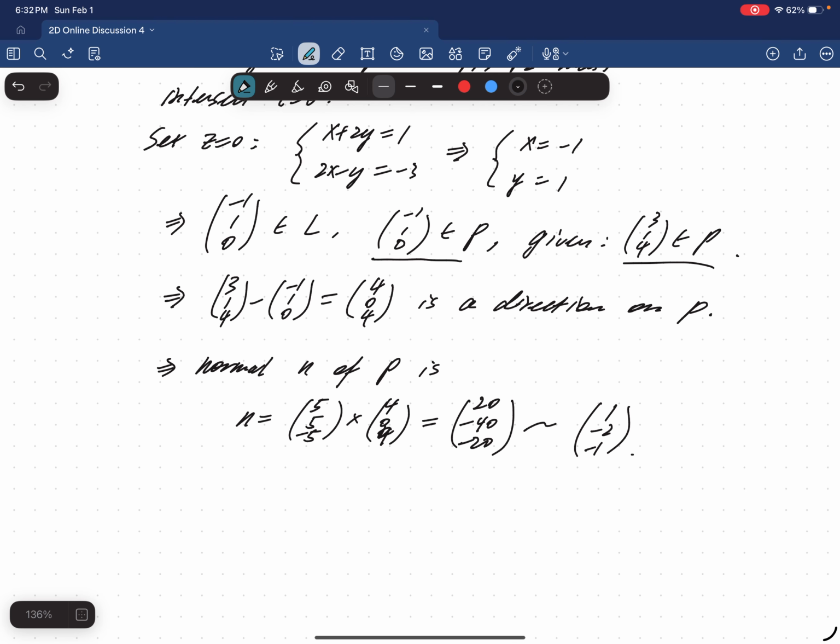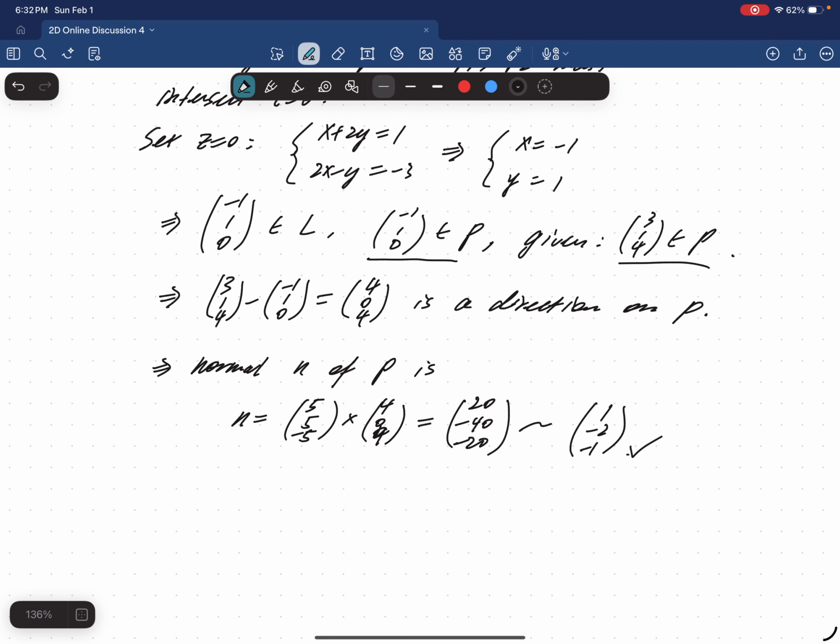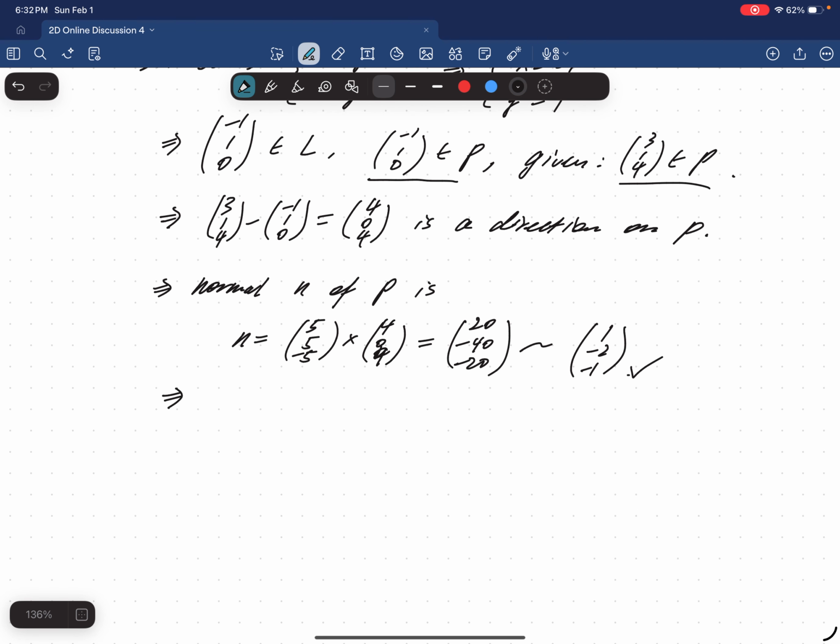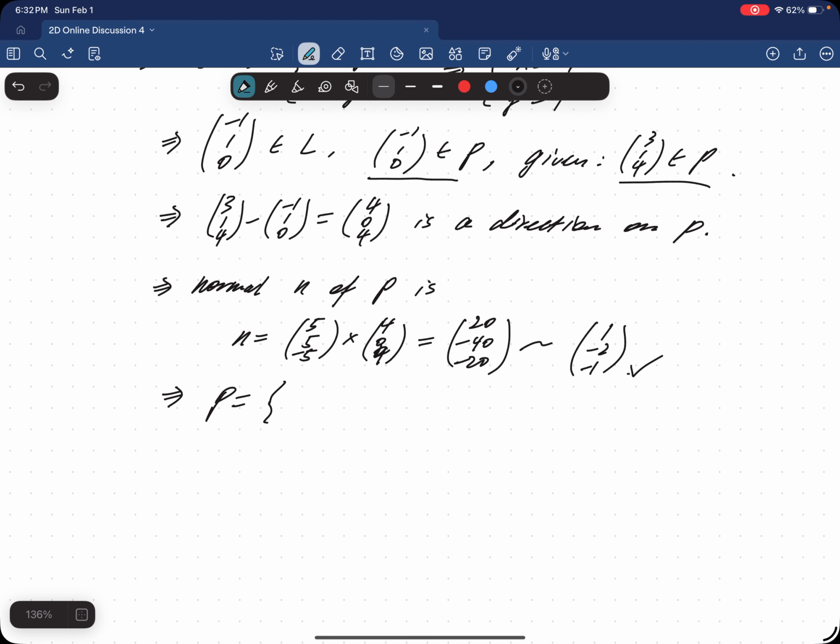So this is going to be my normal for my plane. But I also know that (3, 1, 4) lies in my plane. So the equation for my plane is just going to be 1 times (x - 3) plus -2 times (y - 1) plus -1 times (z - 4) equals 0. And we are done here.